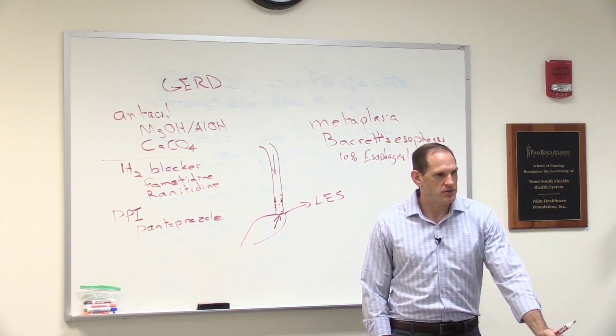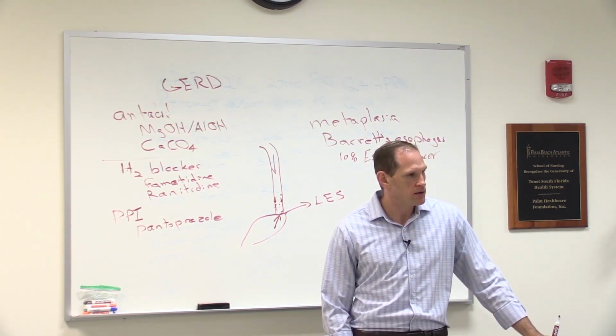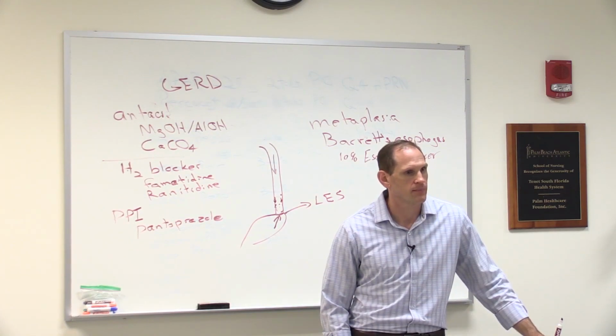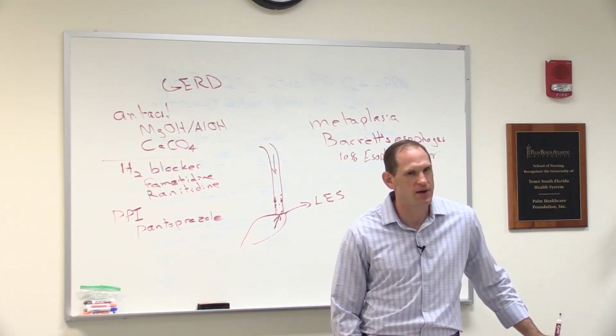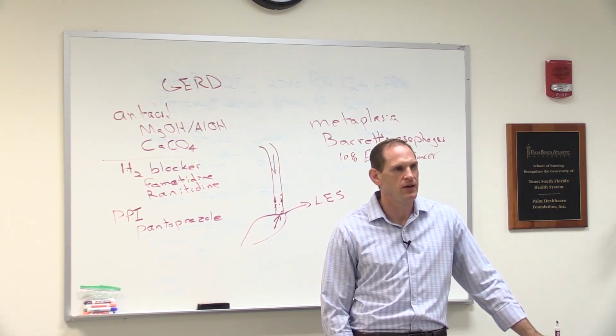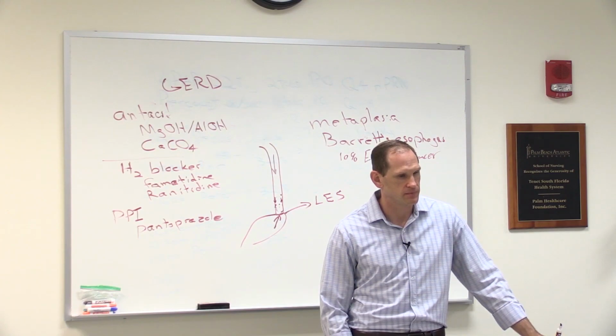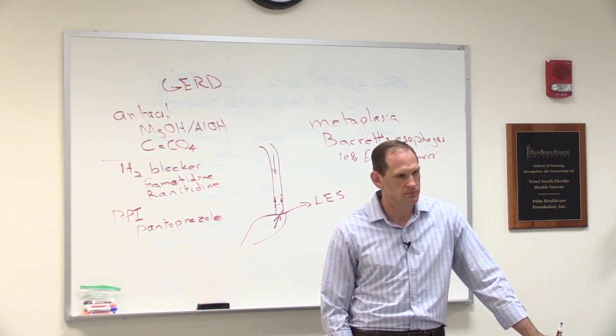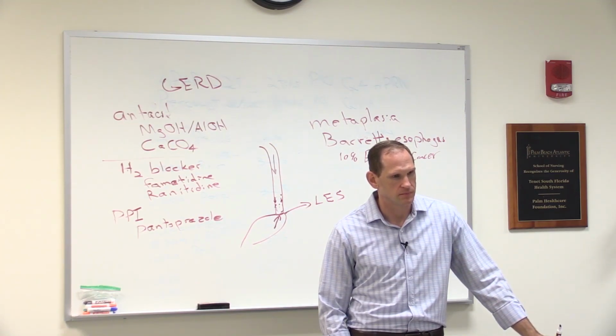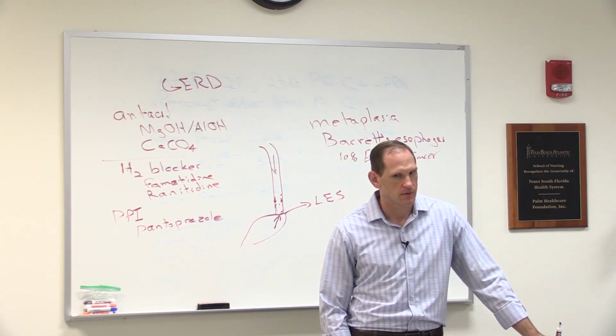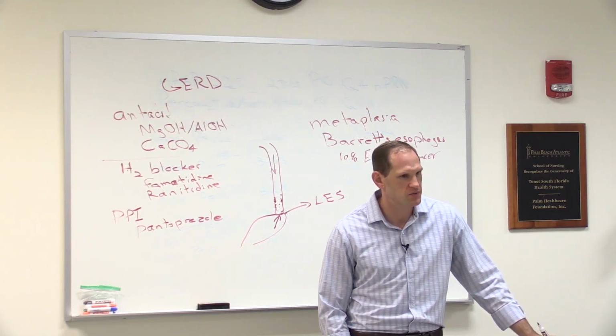Any questions about the drugs we use for GERD? No risk effects for H2? H2 blockers do have adverse effects, but they're relatively mild, and we're not going to go over any. For the drugs for ulcers, is it just all of these, or is it just PPIs specifically? We'll talk about ulcers when we get to ulcers.